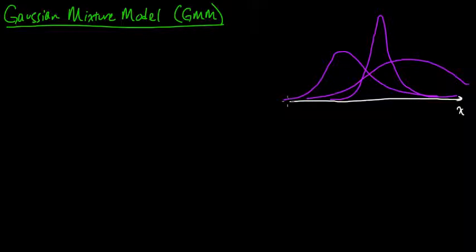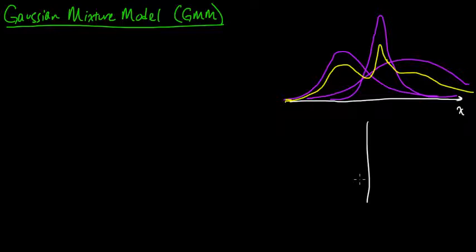In fact, it's going to be a convex combination. So it's going to look something like this: a good amount of that one, some of that one, and some of this other one here. So the PDF for the mixture of Gaussians is going to look something like this yellow line here. So that's a one-dimensional example.